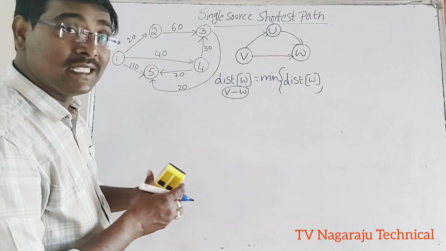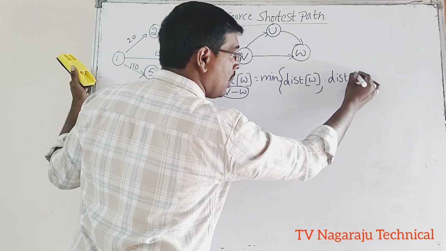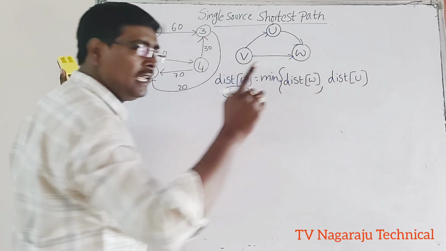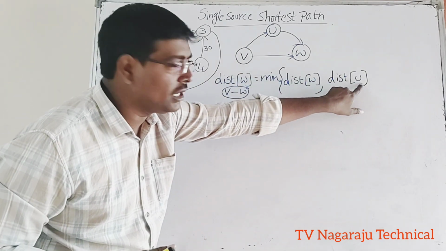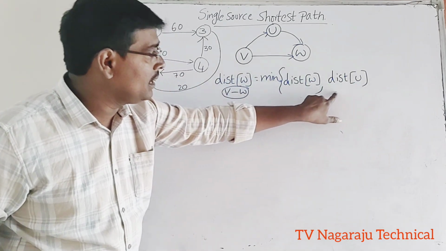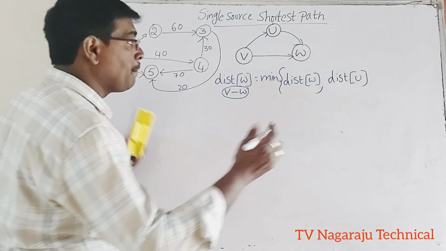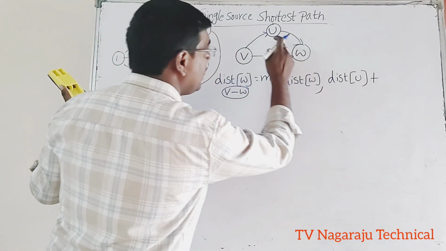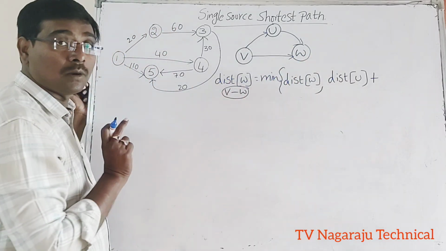V to U is represented as DIST of U. For any vertex from the source vertex, what is the meaning? Here this is the distance from V to U, plus the U to W cost, which is not represented in this formula.